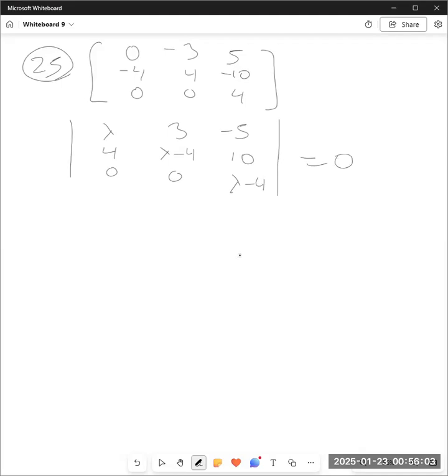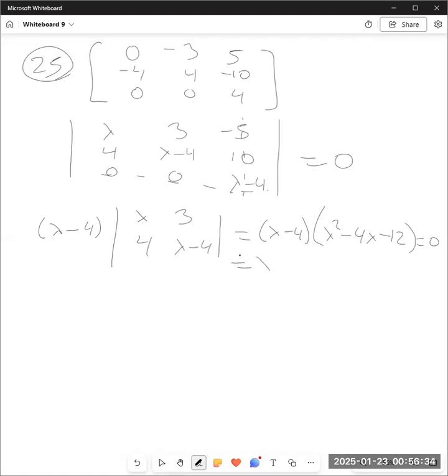I'm going to expand on this bottom row here with lambda minus 4 is positive. Going to have lambda 3, 4, lambda minus 4 is equal to lambda minus 4 times lambda squared minus 4 lambda minus 12 equals 0. That's lambda minus 4 times lambda minus 6 times lambda plus 2 equals 0.